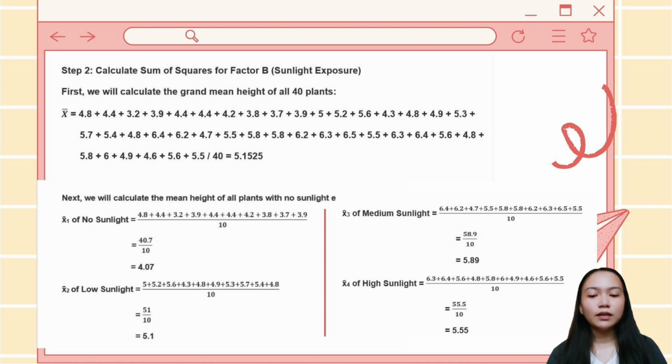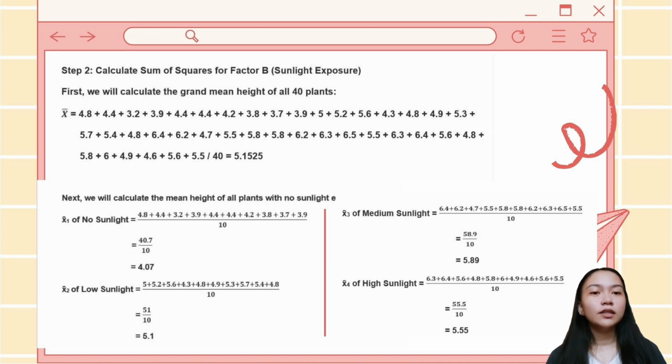First, we will calculate the grand mean height of all 40 plants. You'll just have to add it all and divide it by 40, so the answer will be 5.1525. Next, we will calculate the mean height of all plants with no sunlight exposure. First, we'll calculate the none.